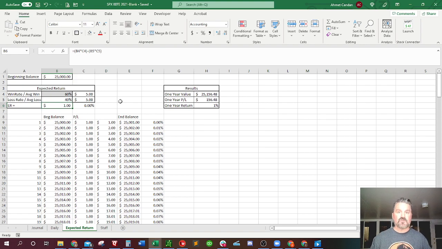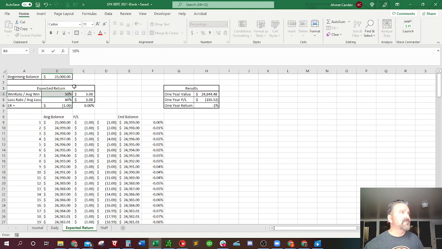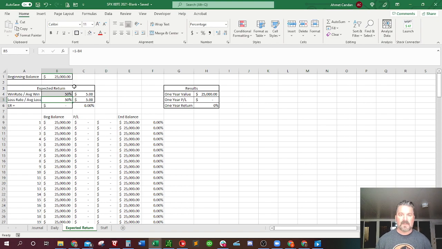After 100 trades, I should have $100 in my hand. And it goes the opposite way too. If it only lands on heads 40% of the time, then I would expect to lose $1 every time. But imagine, let's go back to 50-50. So now we're back to a regular coin. But instead of winning $5 when it lands on heads, imagine I won $10.